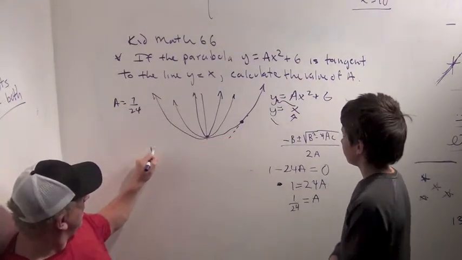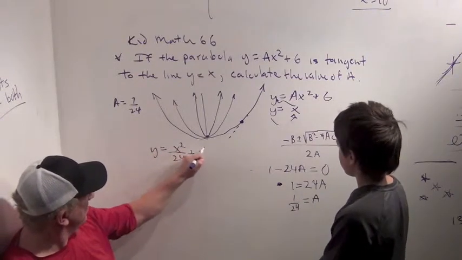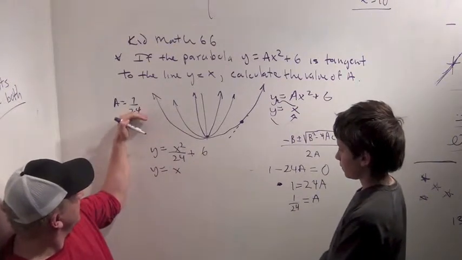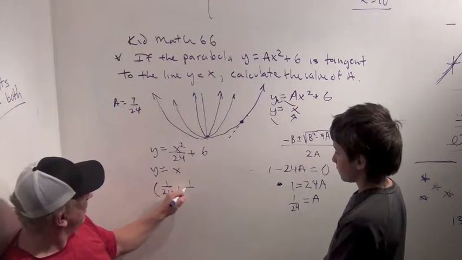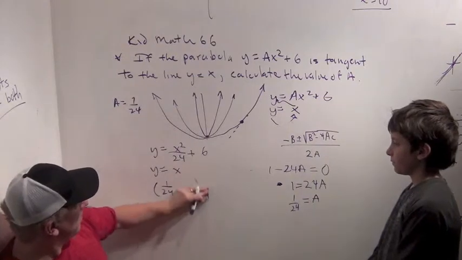So y equals x squared over 24 plus 6, and y equals x should have one solution.